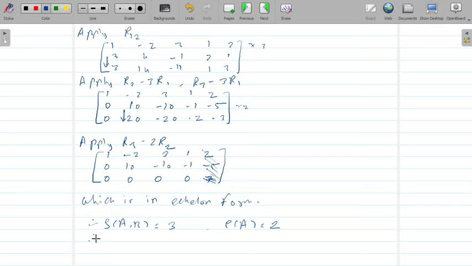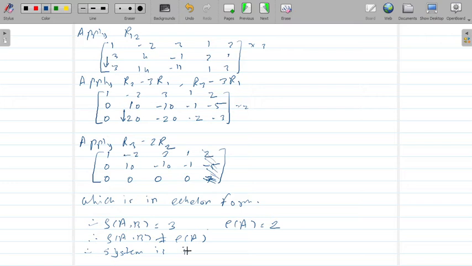Therefore you can conclude that rank of A augmented B is not equal to rank of A, and therefore you can conclude that the system is, what is that?